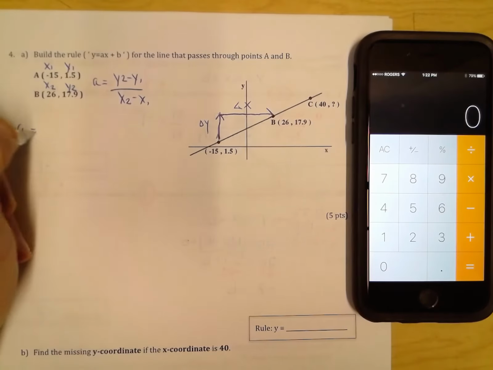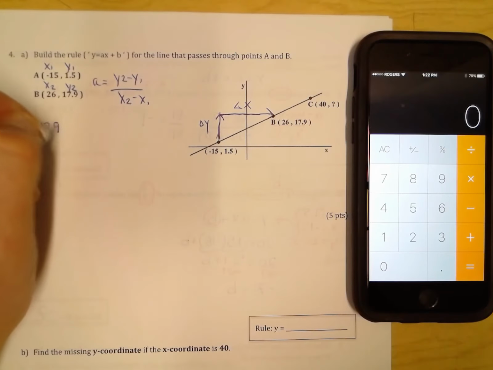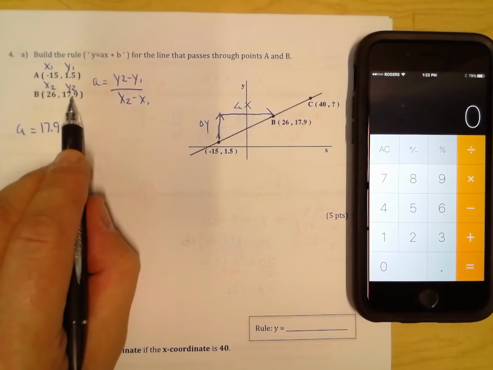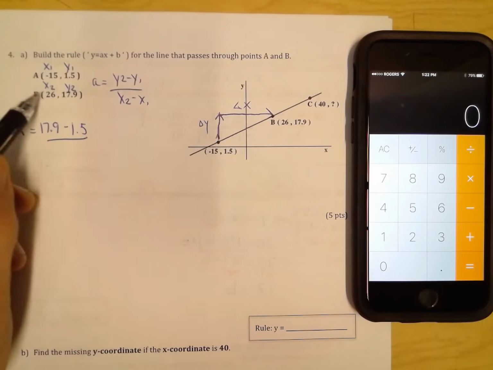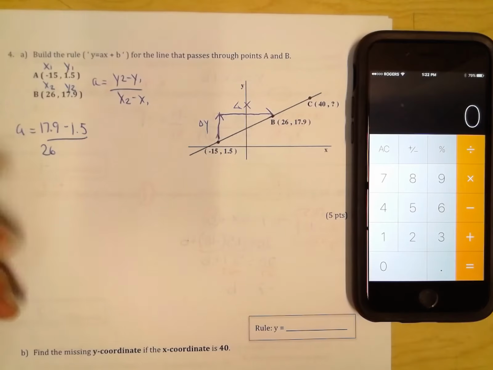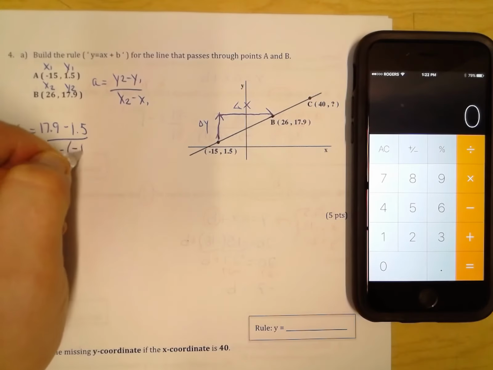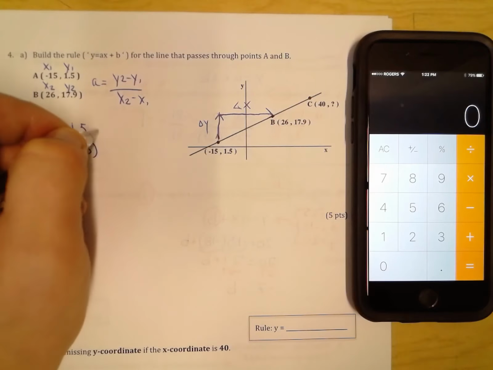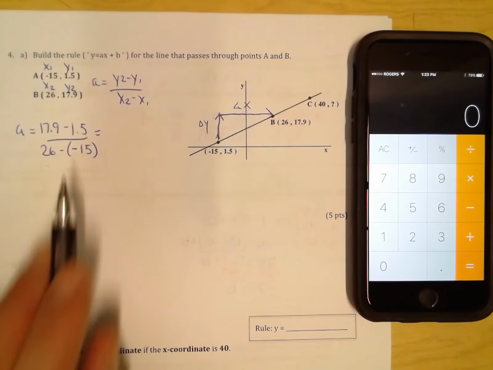So we can go ahead and plug those numbers in. A will be equal to y2, which is 17.9, minus y1, 1.5. Divide that by x2, which is 26, minus x1, and again, I'm subtracting a negative here, so be careful. Very common error to just put minus 15. You have to remember that's a minus negative 15.